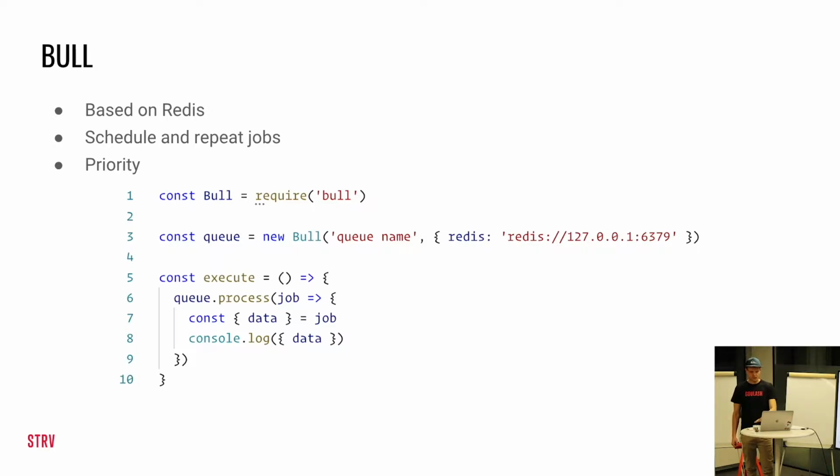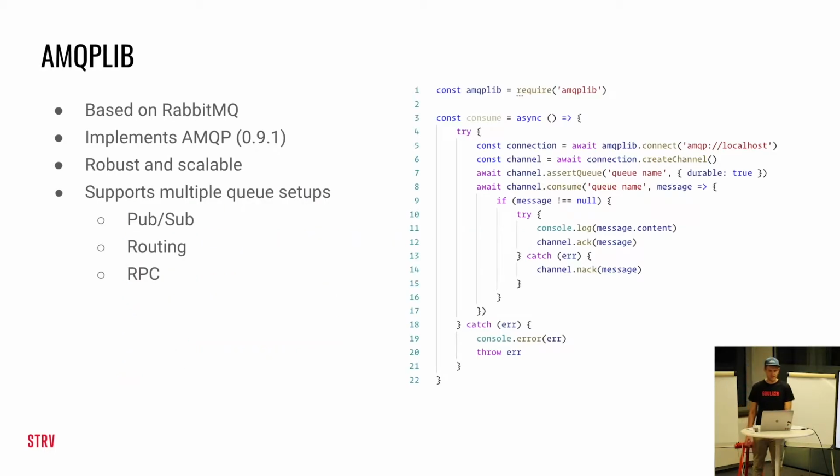So let's get to the RabbitMQ example. In Node.js, again, we have a Node package called amqplib. RabbitMQ supports the AMQP protocol, version 0.9.1. I think at this moment the newest version is 1.0, but RabbitMQ doesn't support it.